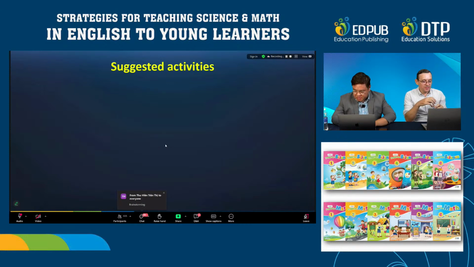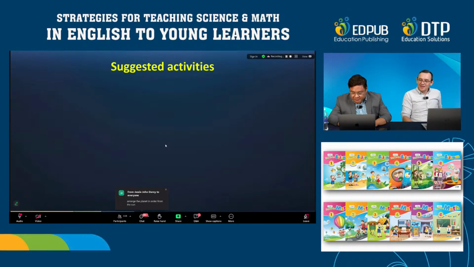Make models, brainstorming, here it comes. Visual, matching games, use flashcards. Creating a solar system model by group. Wow. Realia, picture, short video, Play-Doh.